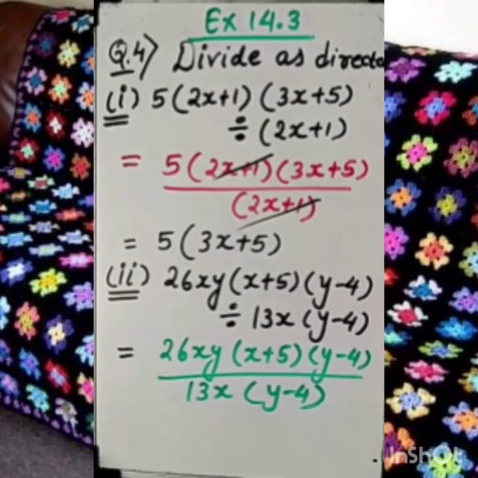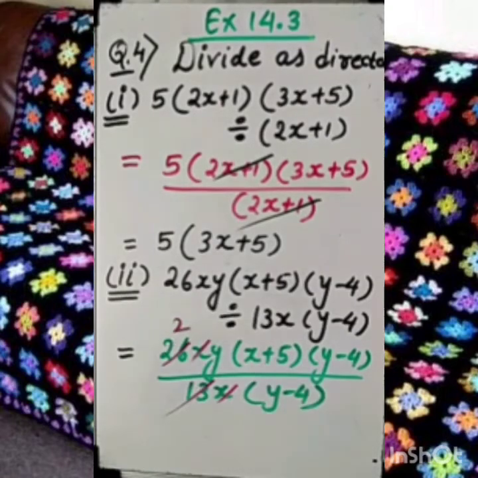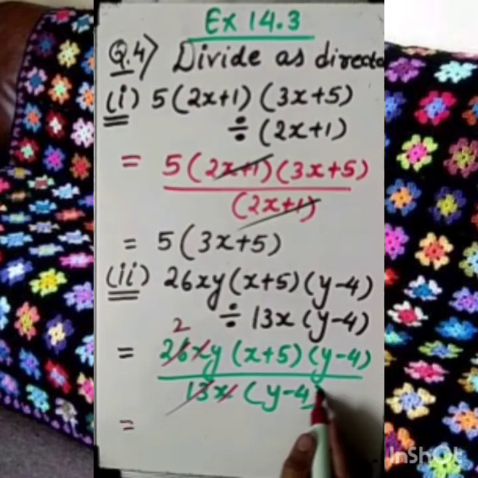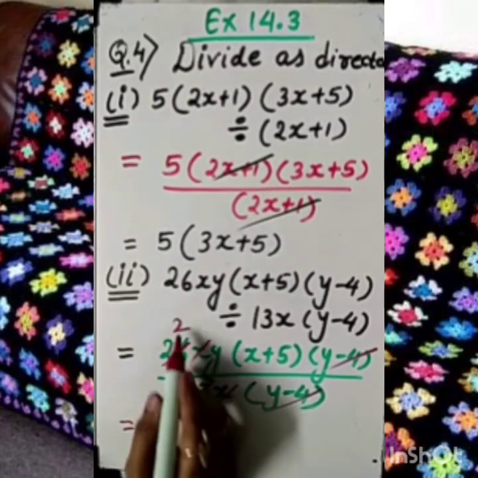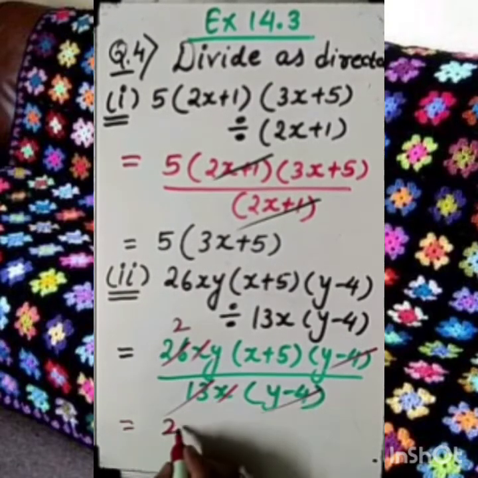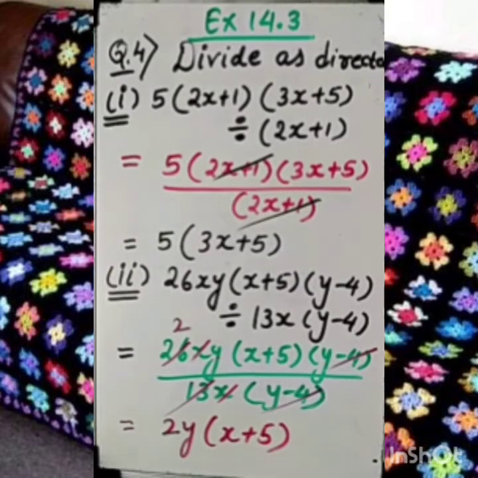So what we have to do? We cancel x. 13 twos are 26, so it will be 2y, and y minus 4 cancels. What is left? Here 2, then y, and on this side x plus 5. So this is the solution, 2y(x plus 5). Clear to you? It is easy and very simple.